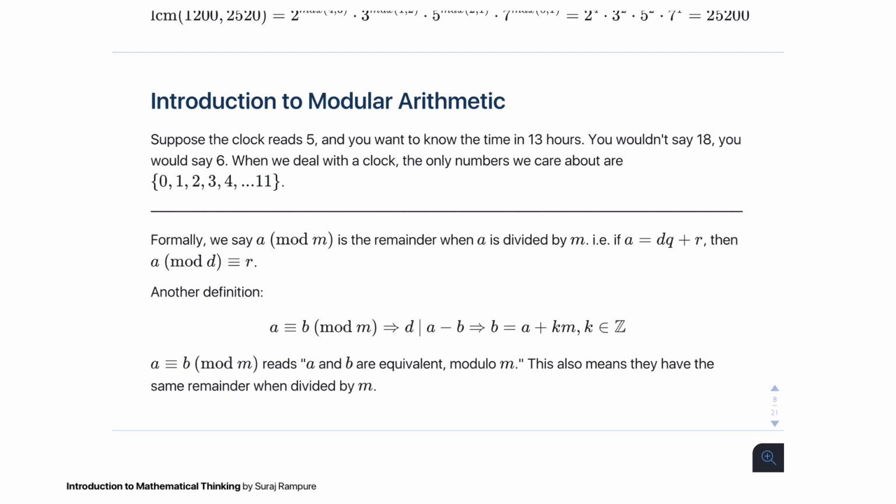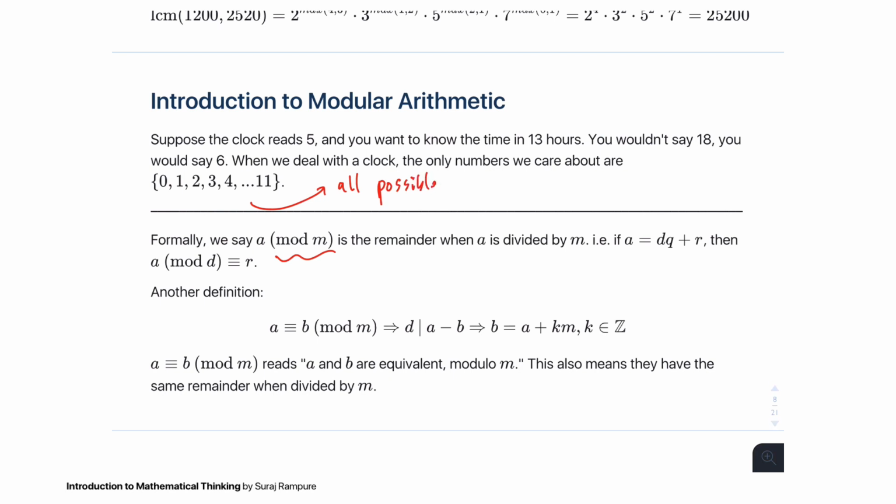So formally, we say A modulo M, or A mod M, is the remainder when A is divided by M. So what would 12 mod 5 be? 2, right? When we're dealing with numbers in mod 5, you can think of it as if there are only 5 possible unique numbers: 0, 1, 2, 3, and 4, which are the possible remainders when you divide by 5. Is that clear?